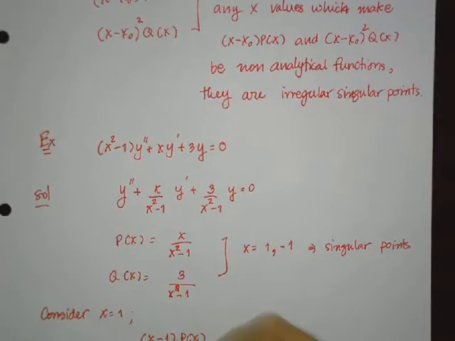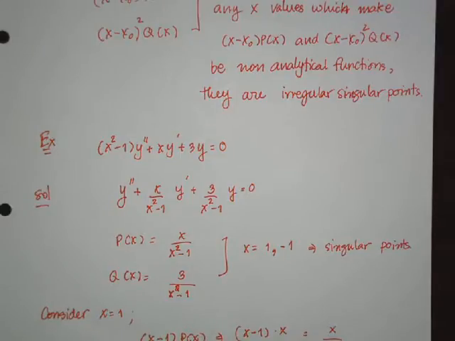For this one, x minus 1 times px is x divided by x squared minus 1, so we get x divided by x plus 1. Here if you put x equal to 1, will this function x minus 1 times px be an analytic function or non-analytic function?